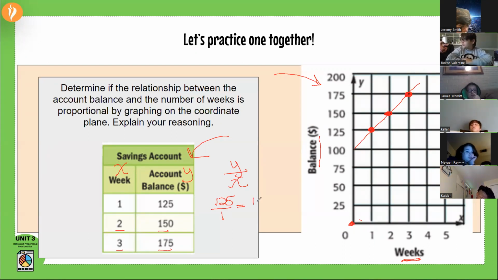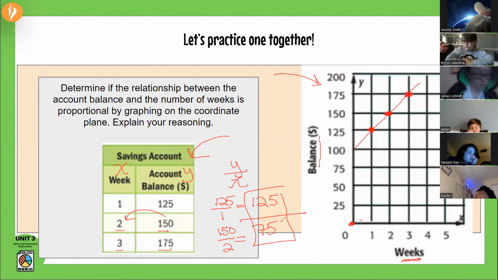Yes, good, Jen and Kate, 125. What if I do the other one? Y divided by X, what's 150 divided by 2? Is it also 125? 75. So once again, we've proven that this is not a proportional relationship because the constant of proportionality doesn't exist.